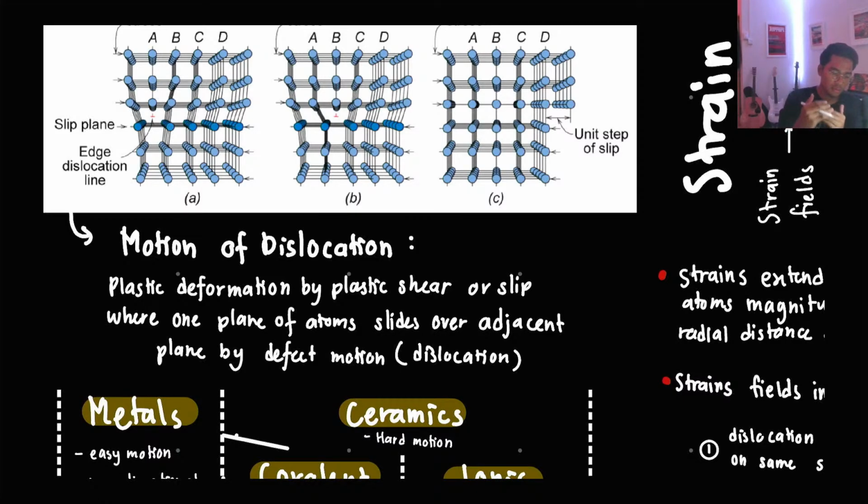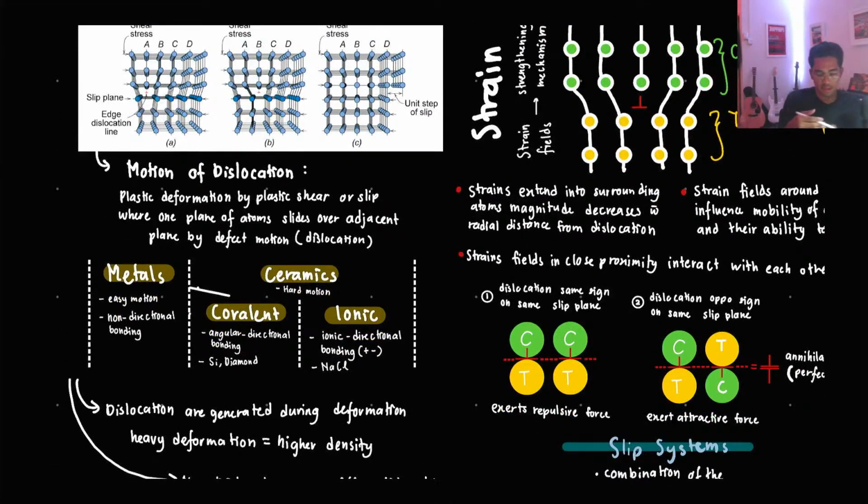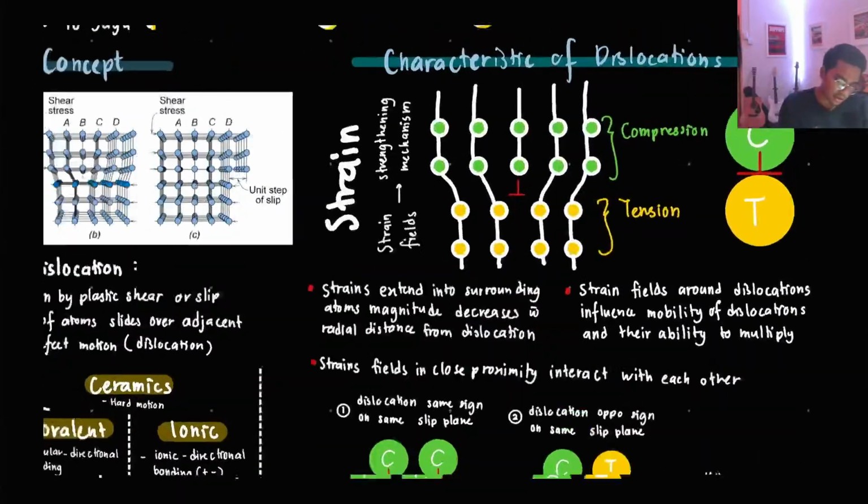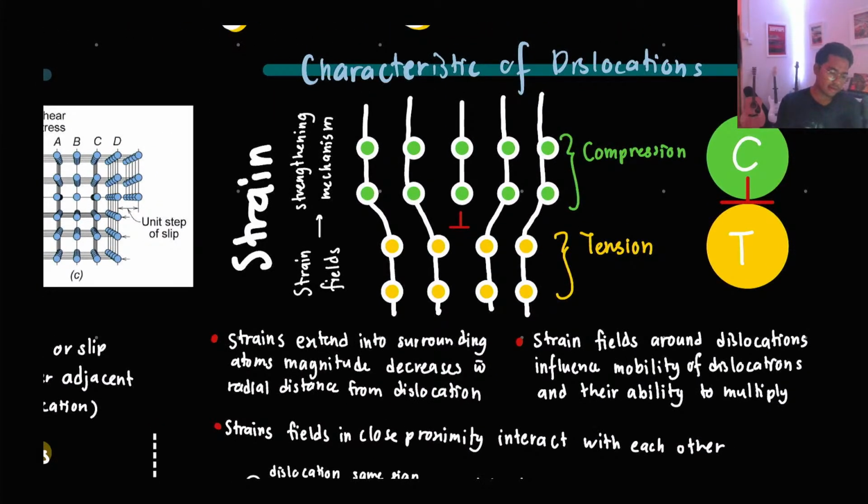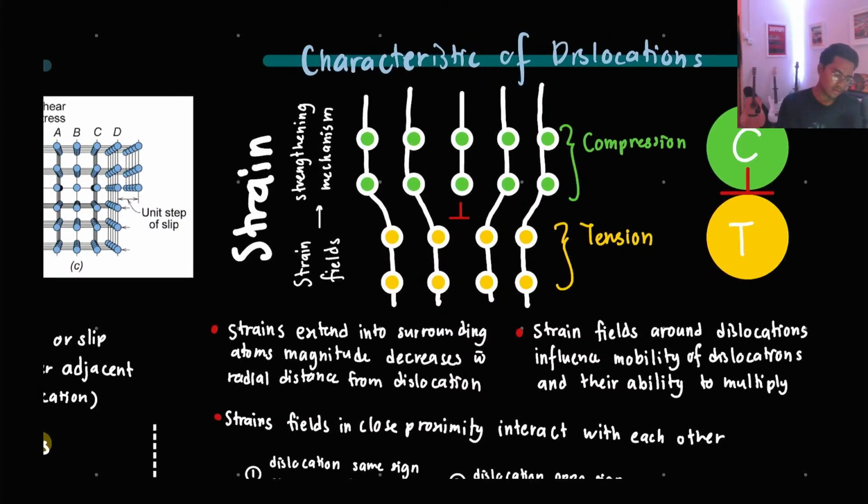So the more dislocations you have, the stronger a material can be, because it will be harder for a plane to slip from each other. Okay, so now we will talk about the characteristics of dislocation. Here is one plane with one row of extra atoms, and this is another plane with one less row of atoms.